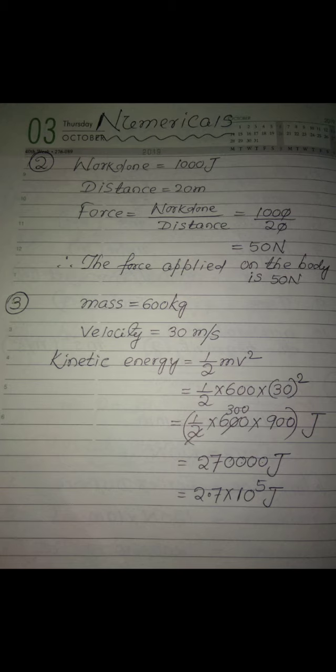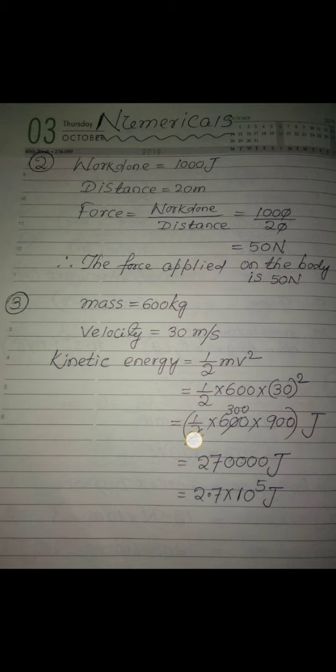Kinetic energy is equal to 1 by 2 into mv square. So 1 by 2 into mass 600 into velocity square 30 square. What is 30 square? 30 into 30, 900. 2 and 600 cancel, 300.